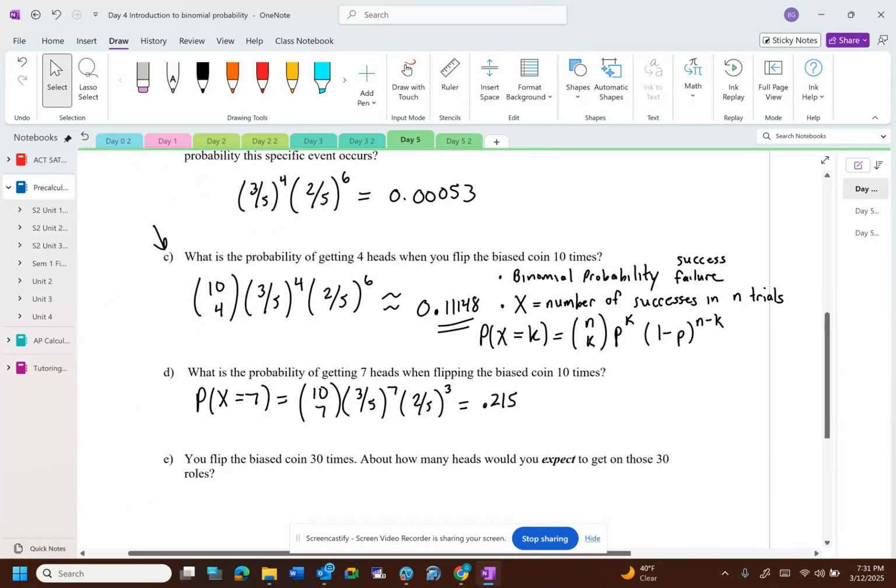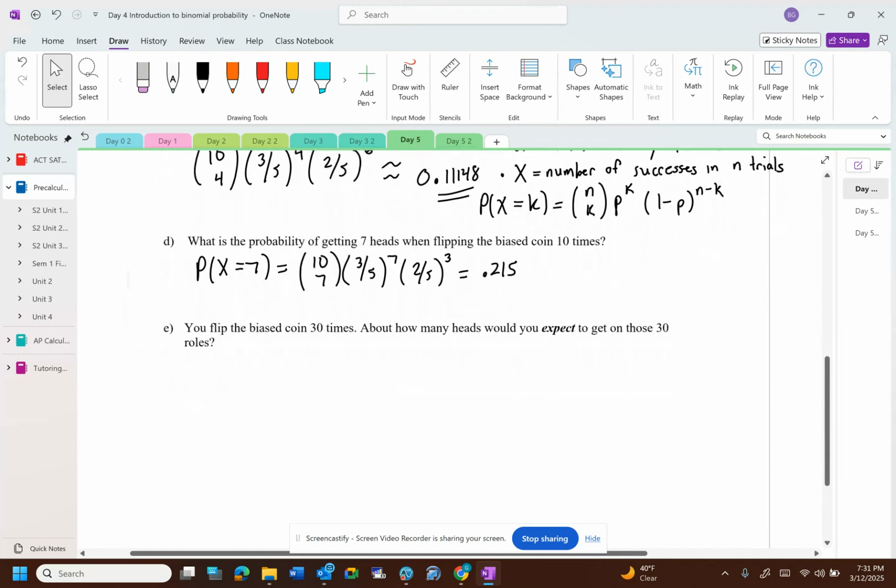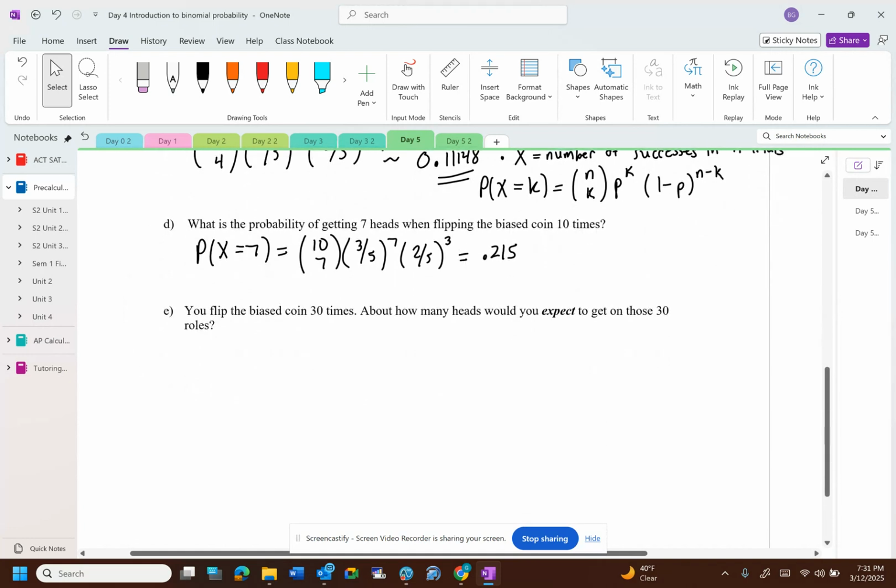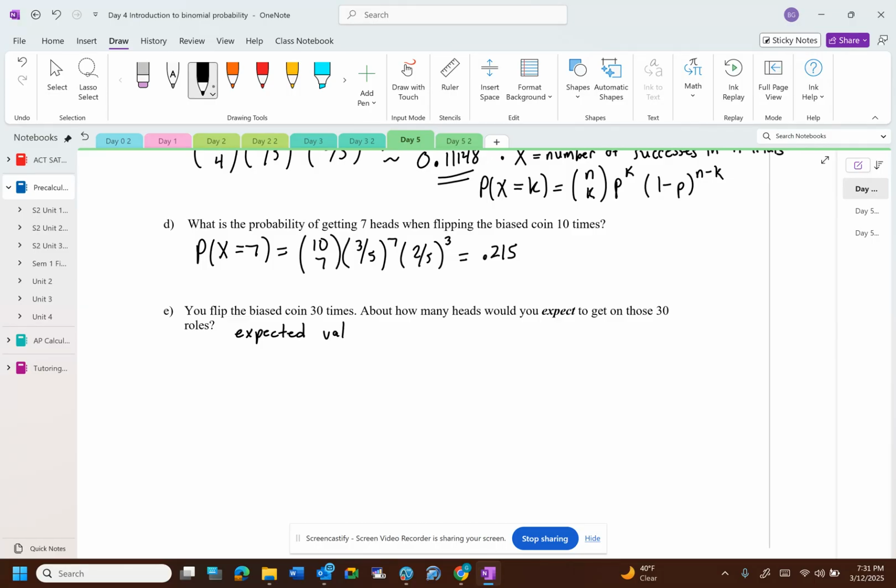So that's how you do basic binomial probabilities. Now, question E is a question about something that we call expected value. Expected value is really nothing more than a weighted average. It's the weighted average of that random variable that I mentioned before.